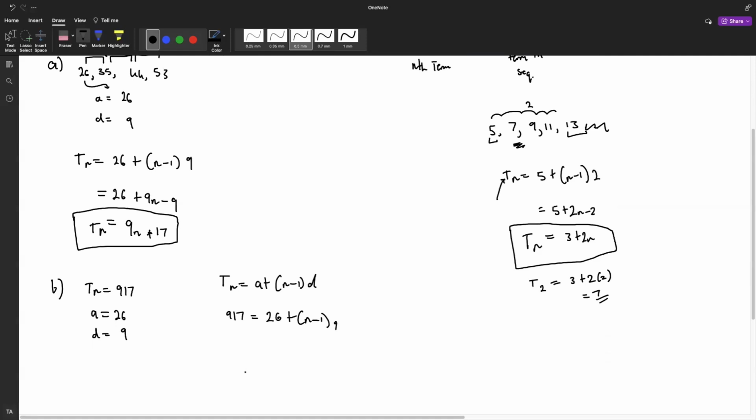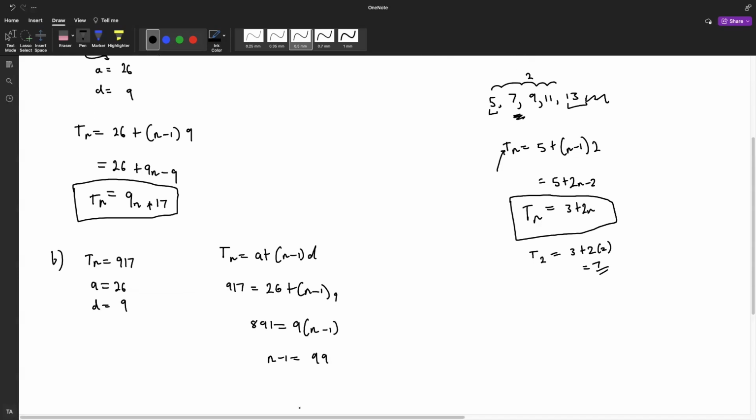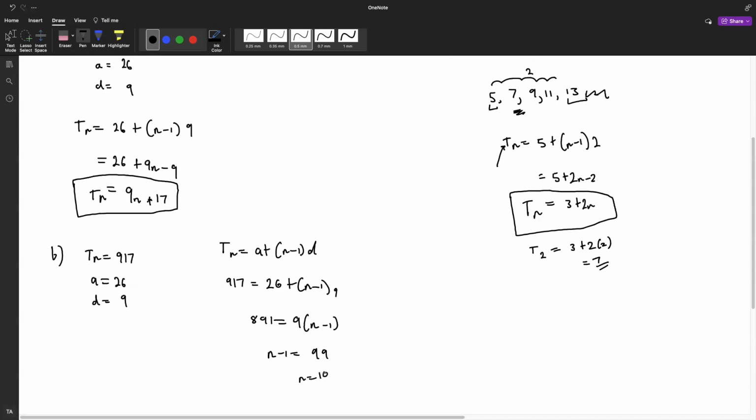So we subtract 26 from both sides, which gets us, just going to check that, 917 minus 26 is 891. So 891 is equal to 9 times n minus 1. So divide both sides by 9, so that means n minus 1 is equal to 99. And that means that n is equal to 100, which means that there's 100 terms in this sequence.